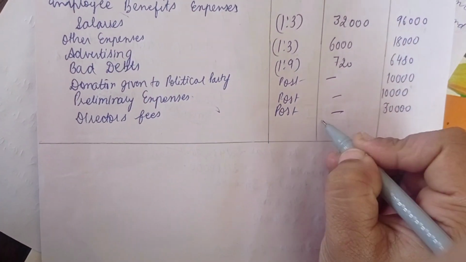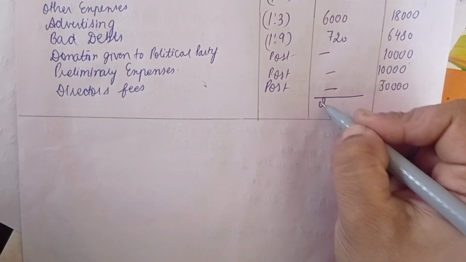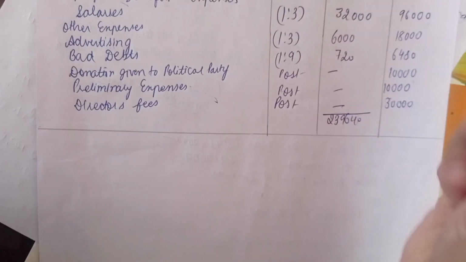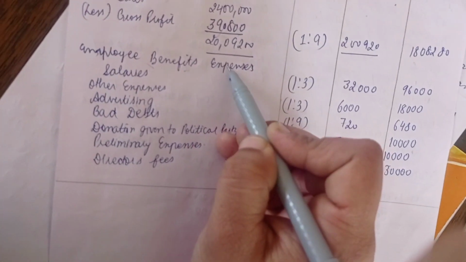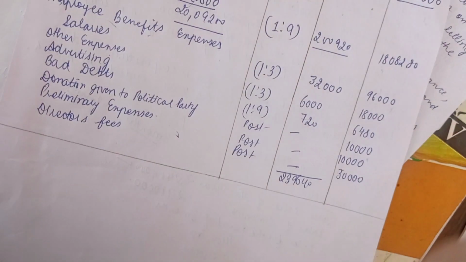Now we will calculate all the expenses. Grand total will be done. We will add all the expenses from here: employee benefit expenses, salaries, other expenses, advertising, bad debts, right?